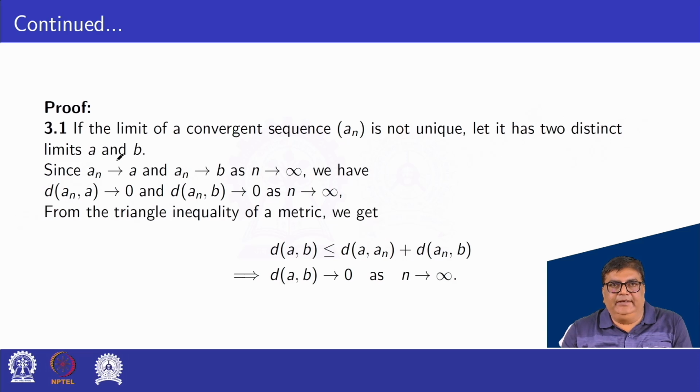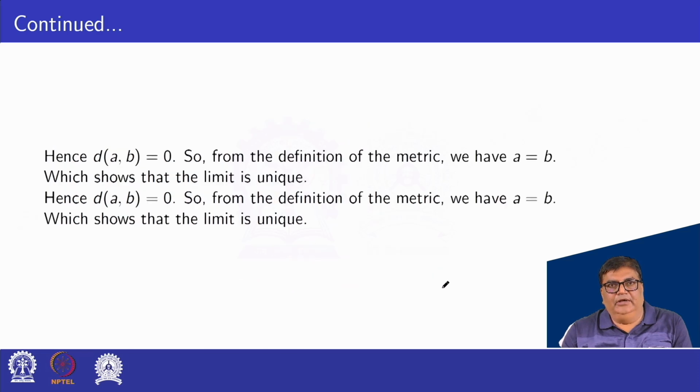Why? Because d(a_n, a) tends to 0 and also d(a_n, b) tends to 0. That is, d(a, b) tends to 0. And we know the property that d(a, b) = 0 if and only if a = b. So, by this property, d(a, b) = 0 if and only if a = b.